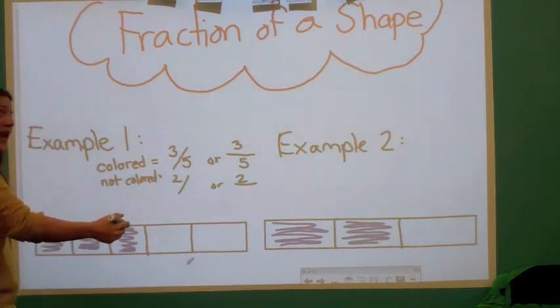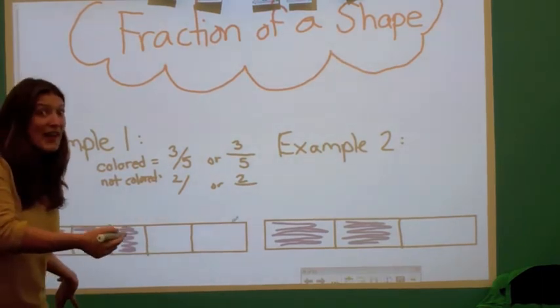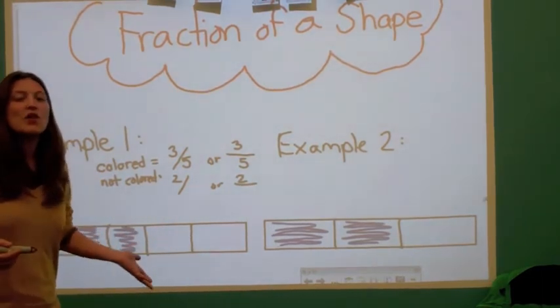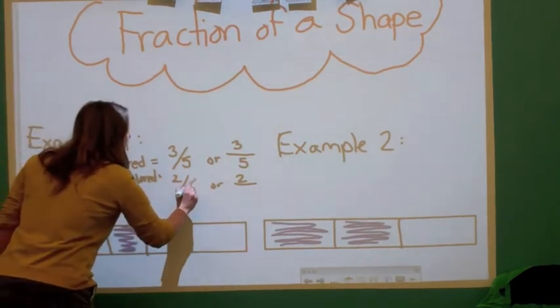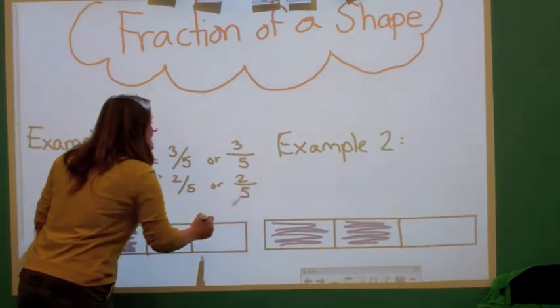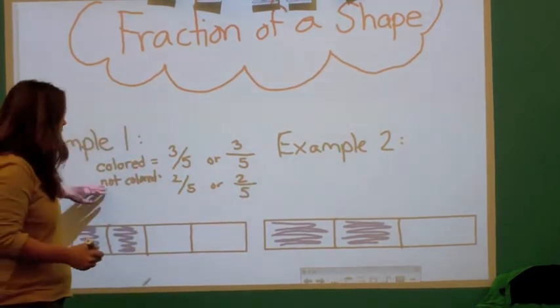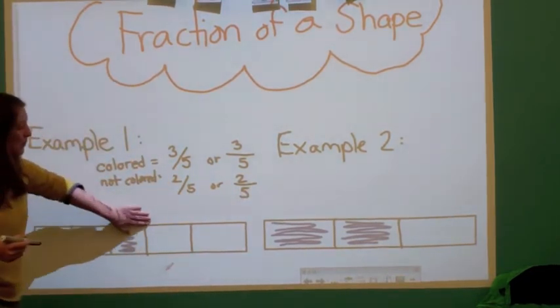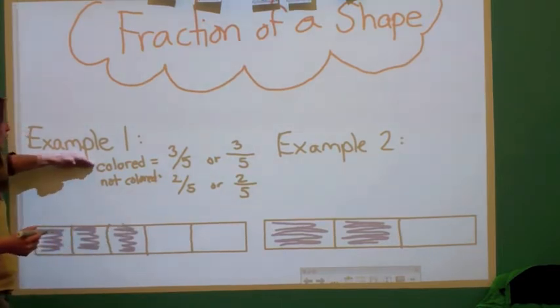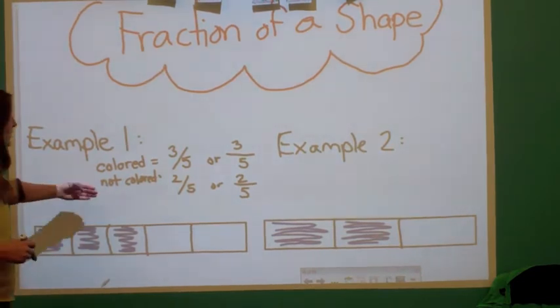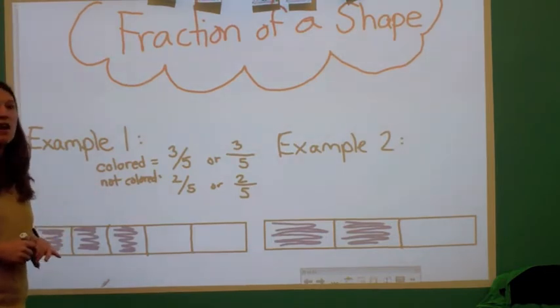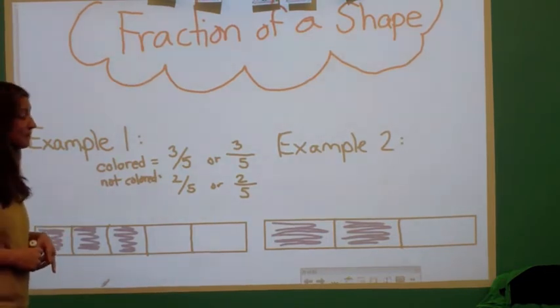And we counted the total number of pieces already, and there were 5 pieces altogether. So that whole thing was broken up into 5 pieces. So my denominator stayed the same because I was looking at the same shape. So looking at example 1, I could say 3/5 of that bar is shaded, or I could say 2/5 of that bar is not shaded.